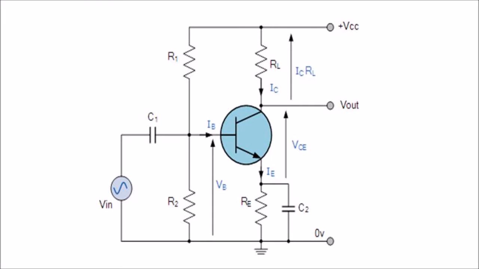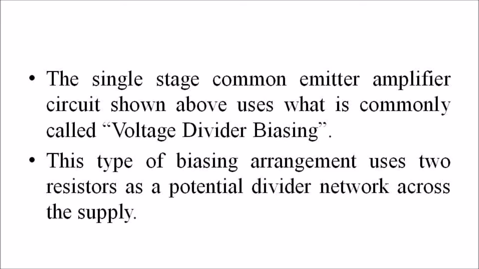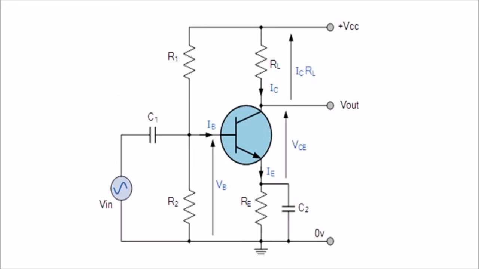So when it comes to the common emitter amplifier circuit, the single stage common emitter amplifier circuit is shown in this figure, which is known as a voltage divider biasing condition. This type of biasing arrangement uses two resistors as a potential divider network across the supply, with their center point supplying the required base bias voltage to the transistor.